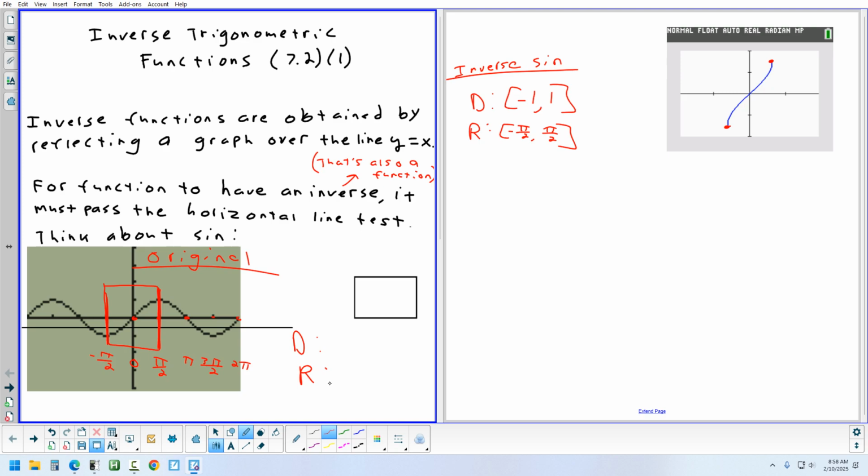Let's start with the range. Inside that red box, how high and low does the graph go? That's the graph of regular sine. Yeah. -1 to 1. Yeah, the range is -1 to 1. Good.